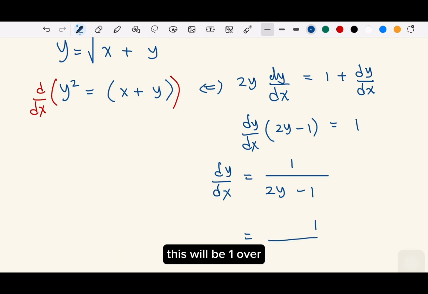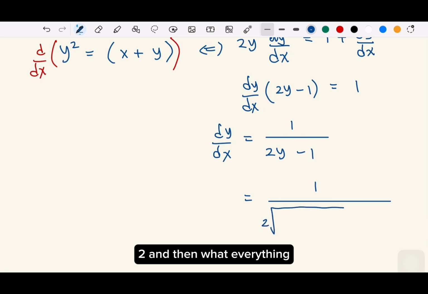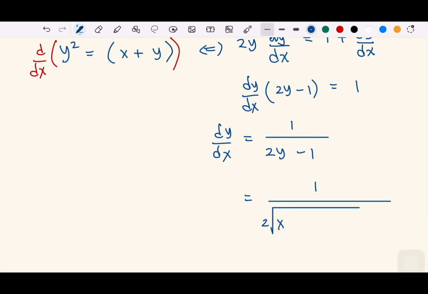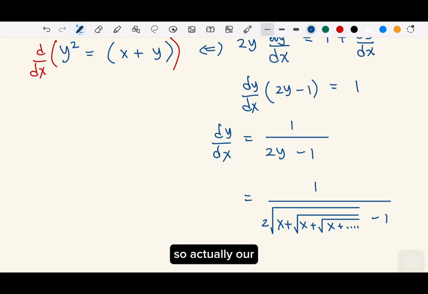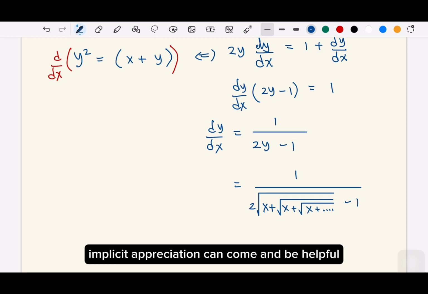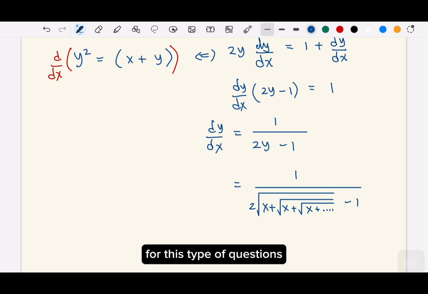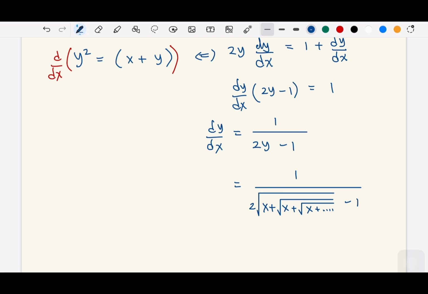This will be 1 over 2, and then put everything, minus 1. So actually, our implicit differentiation can be helpful for this type of questions. Okay.